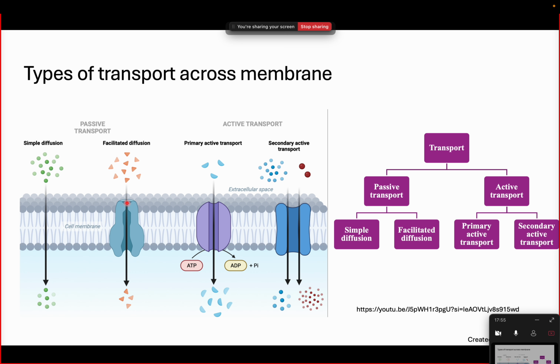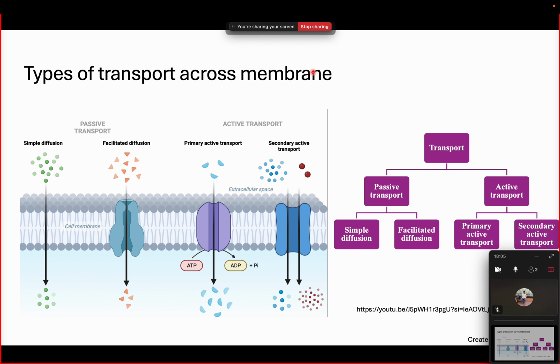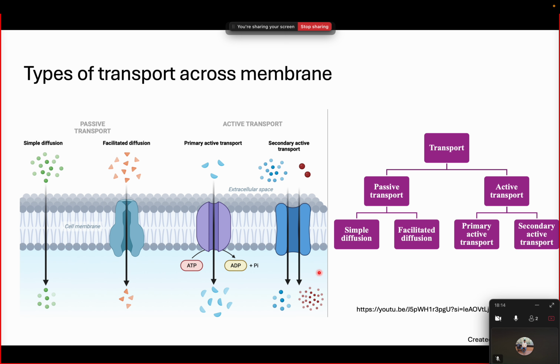So if there is association of direct ATP with the protein, it is called active transportation or primary active transportation. If there are substrates, for example, as you can see in the representation itself, there is one substrate which is high in concentration, and there's another substrate which is less in concentration.